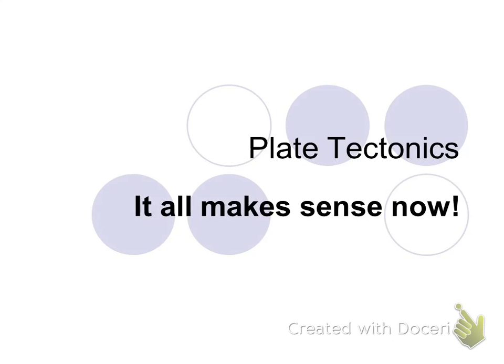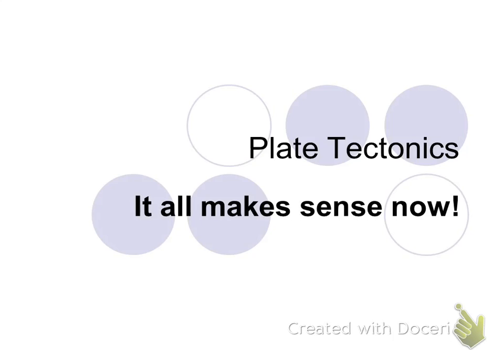Why? Does anybody remember? Why do you think oceanic crust is more dense than continental crust? Hunter, why do you think so? Because whenever we were watching the video or the PowerPoint, it showed the oceanic crust going underneath the continental crust and going down and then coming back up.